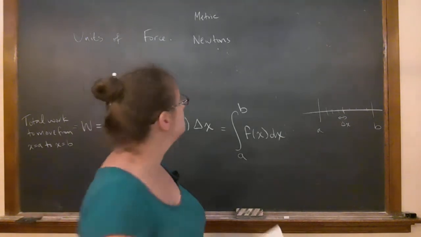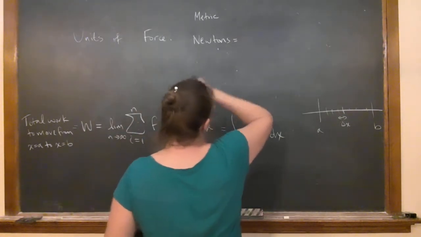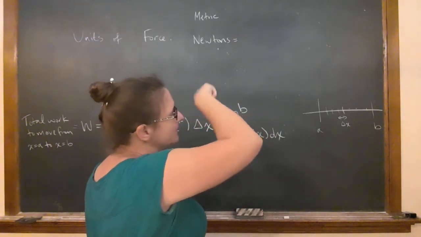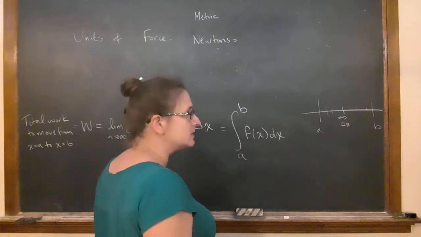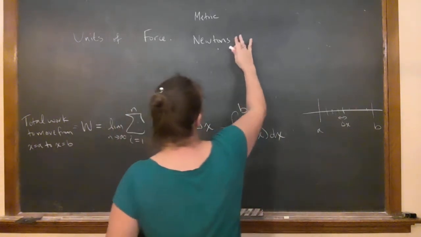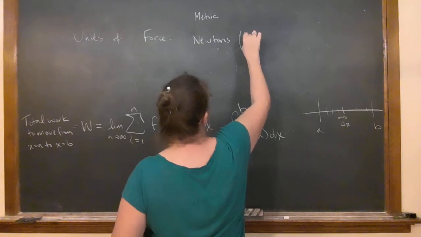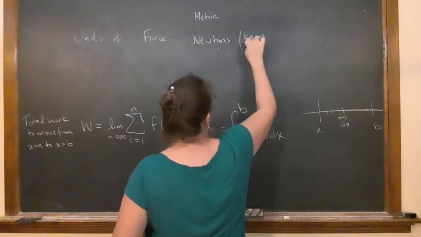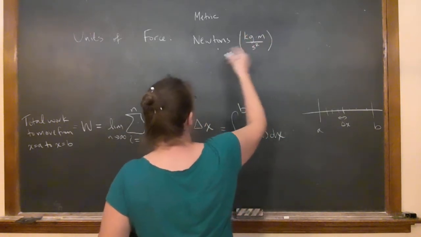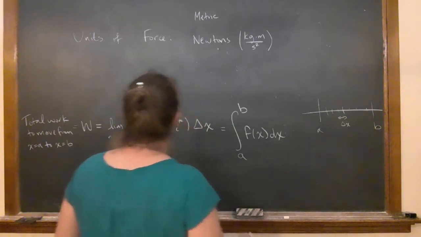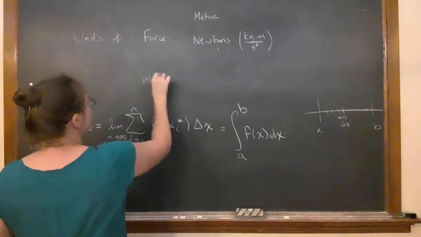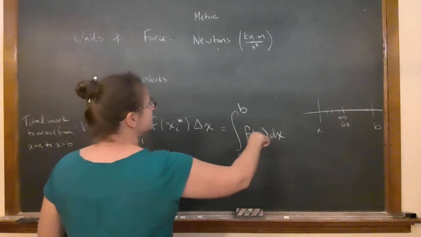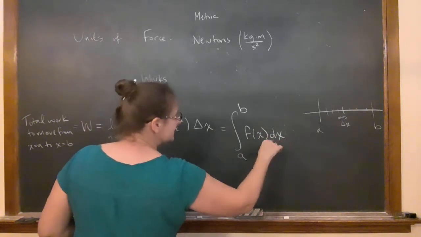Newtons is basically the force, so it's actually F equals ma. So it's kilograms meters per second squared, but you don't need to know that. You can just call it N for newtons. Now if I'm doing work, it's newtons times distance.